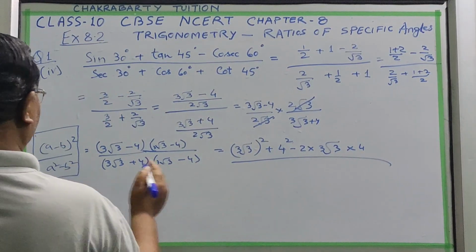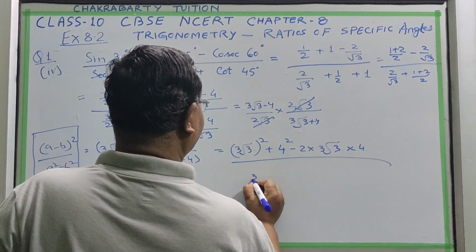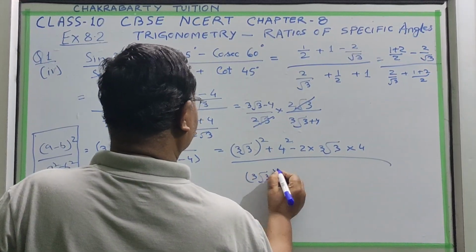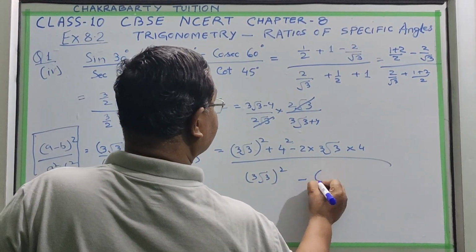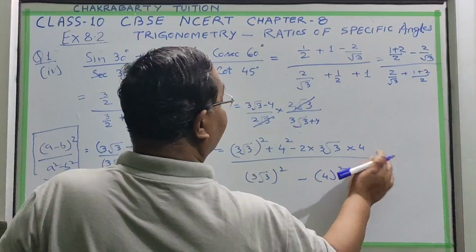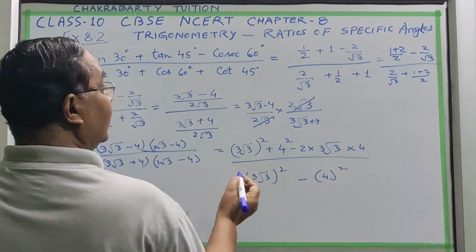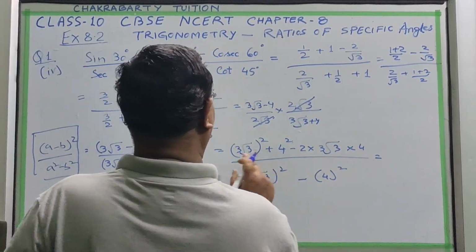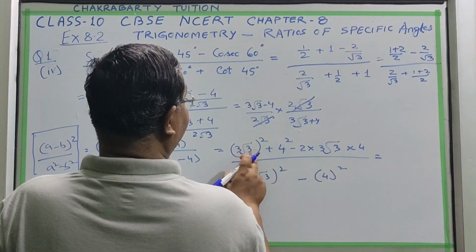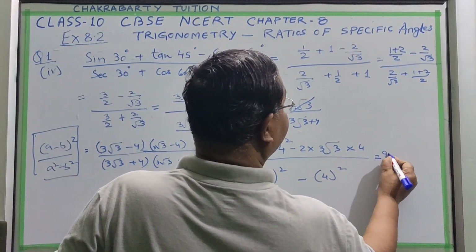Now we are using this formula: A square means 3 under root 3 whole square, minus B square. Now this we will solve. This will make 9 and 3, so 9 into 3.